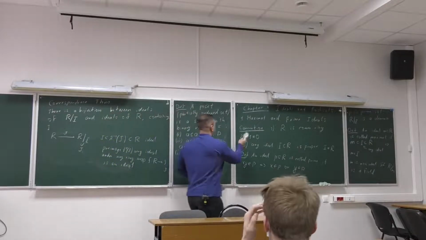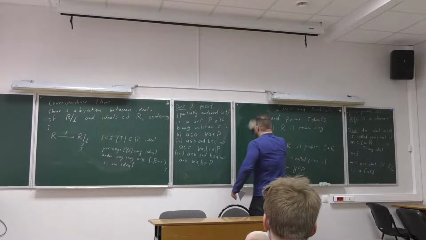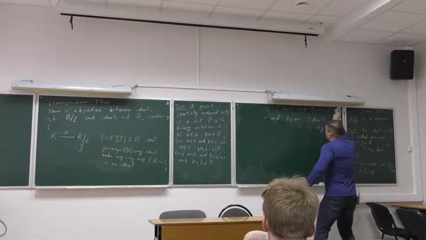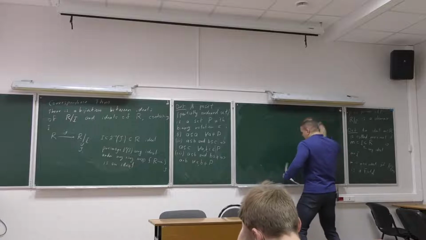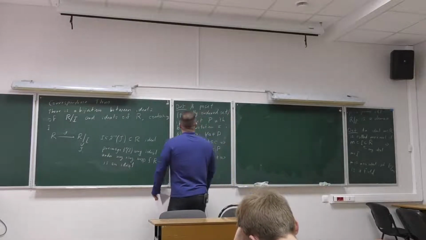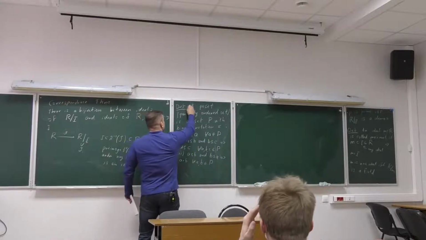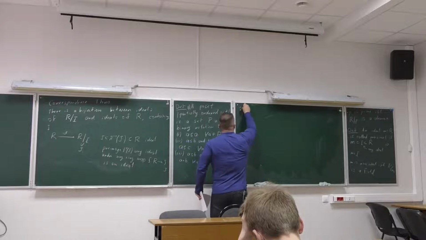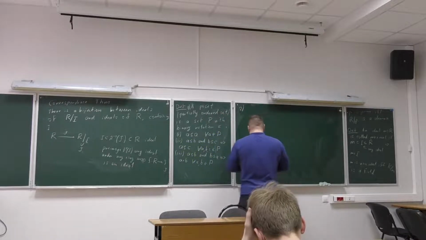Now I can say what a totally ordered set is. So maybe let me separate this definition into three parts. This is going to be the first part, the definition of a partially ordered set. Now the second part, the definition of a totally ordered set.